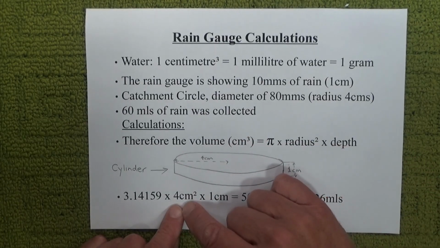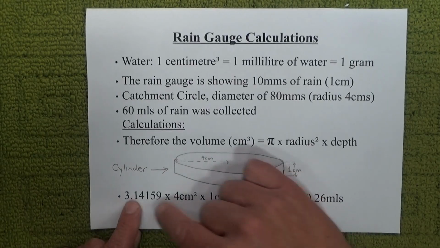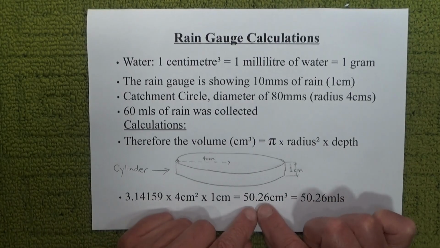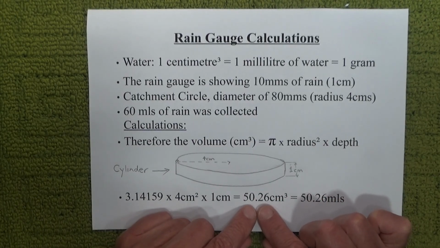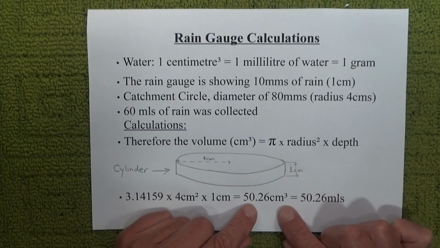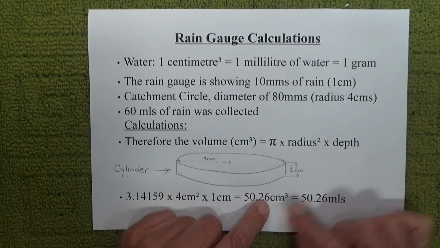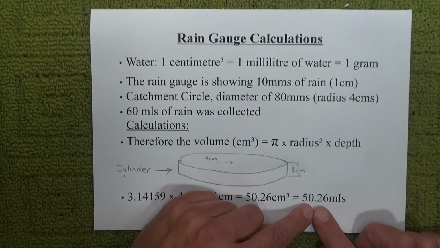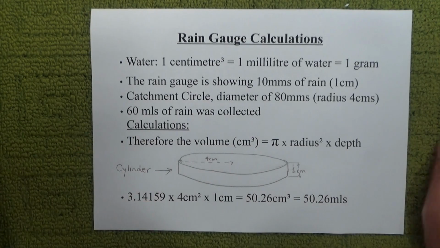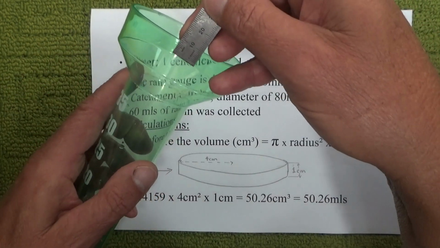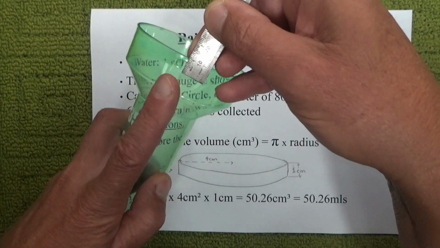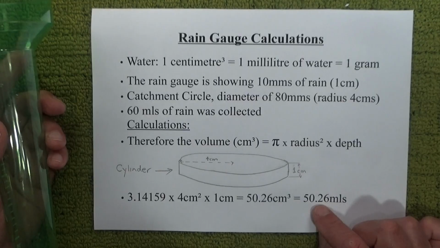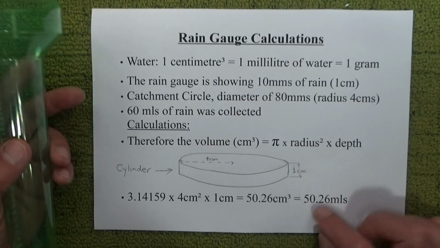And you punch that all in. 4 4s are 16, multiplied by 3.14159, multiplied by 1, ends up with the answer of just over 50 cubic centimetres, 50.26 cubic centimetres, which means that if this rain gauge was measuring an accurate 10 millimetres of rain, then I should find that there is just over 50 mils in this gauge.